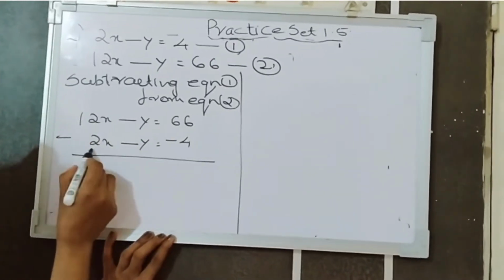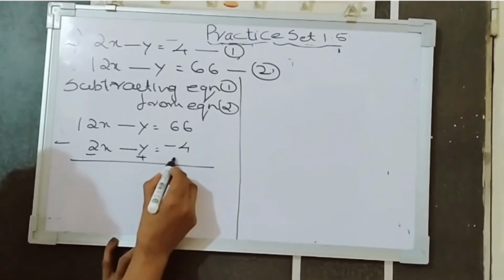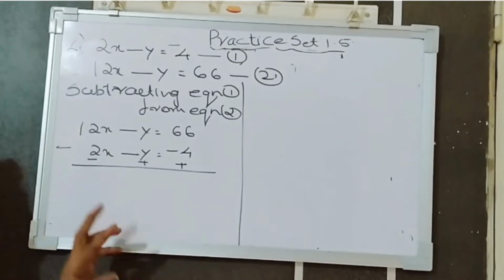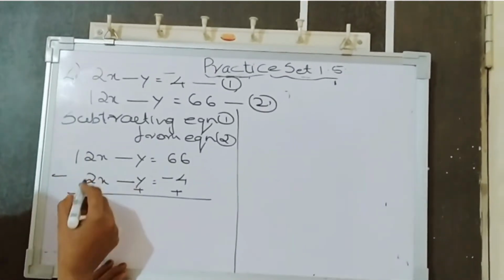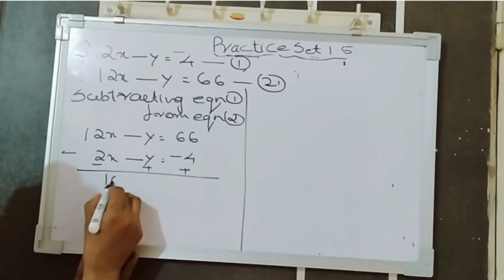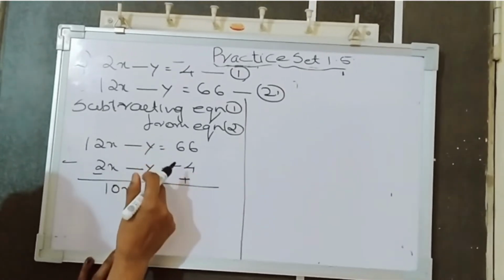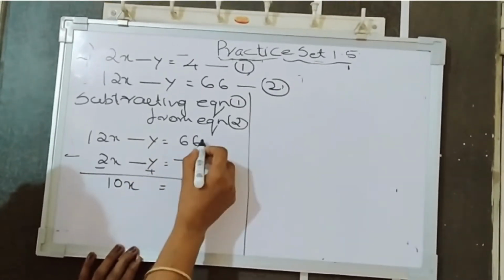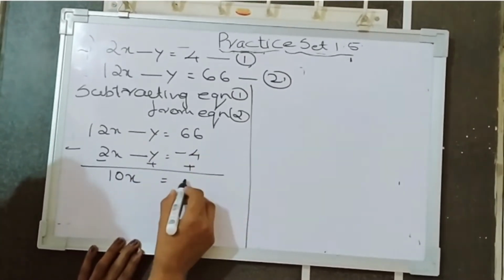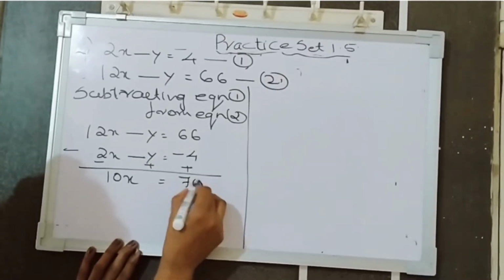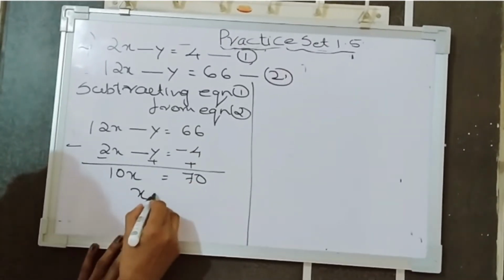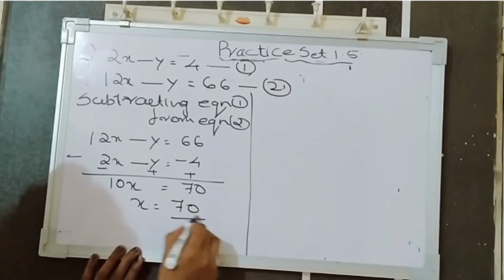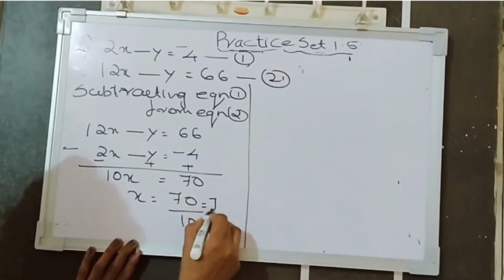By the elimination method, the sign is to be changed. 12x minus 2x is equal to 10x. Minus y plus y is eliminated, and 66 plus 4 is equal to 70. x is equal to 70 upon 10, which is 7.